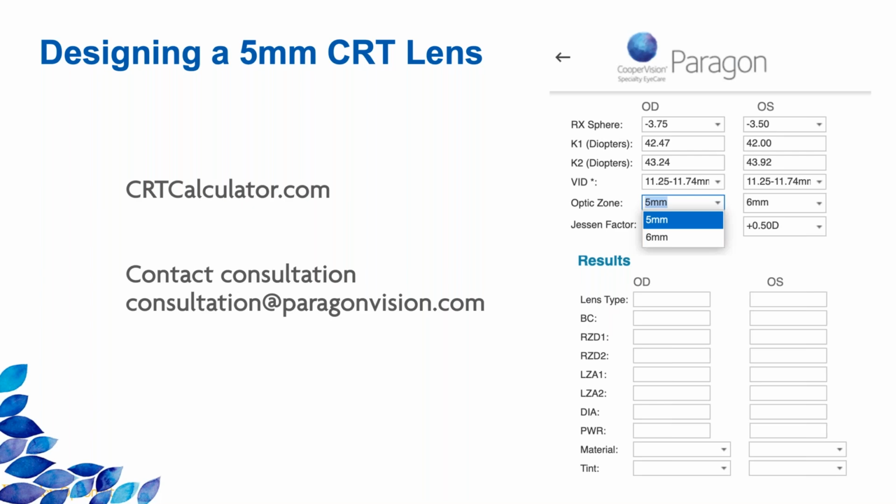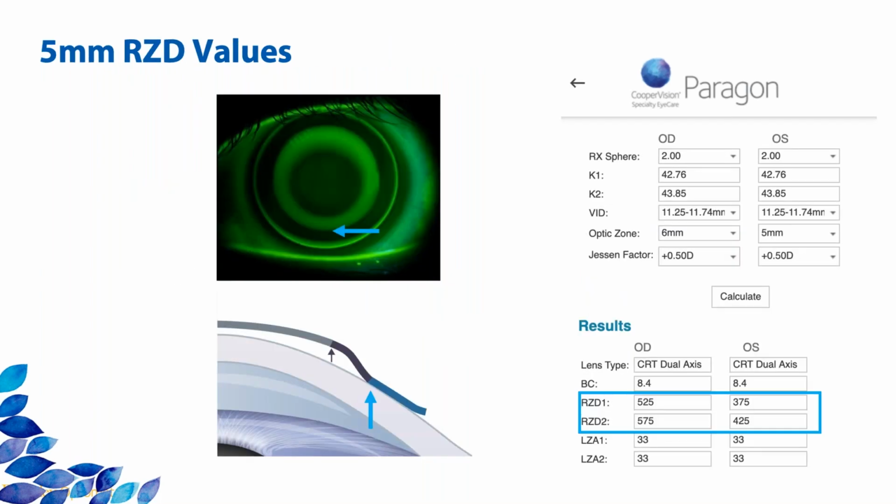If we go to the next slide, we can see how the 6mm calculations can slightly differ from the 5mm calculations. Here we have the same patient with the same keratometry values, same RX sphere, and same visible iris diameter, but in the right eye we specified 6mm versus in the left eye we specified a 5mm OZD.